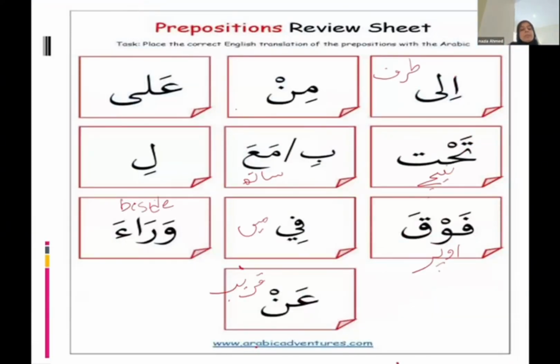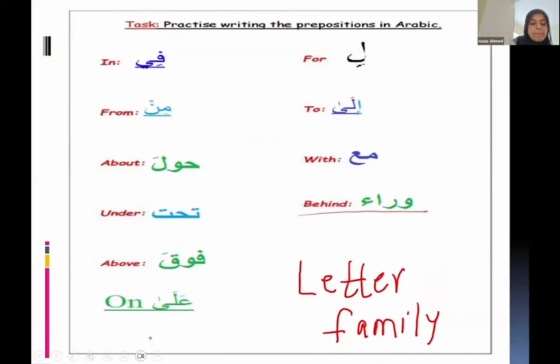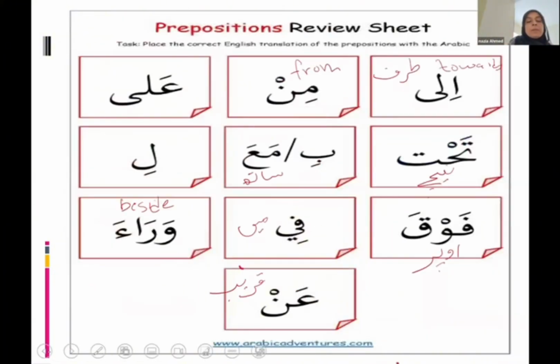There are some more examples here. Ila means towards. Min means from. Ala means upon. Tahta means underneath. Bi means with.